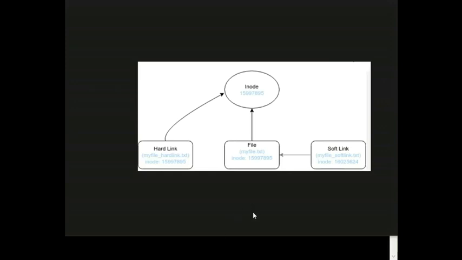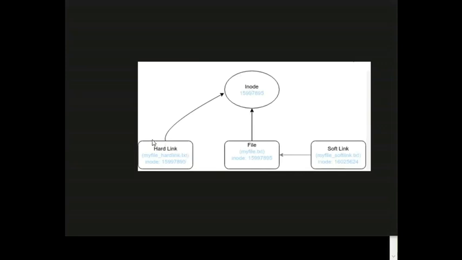Now to help you understand the concept, I have kept one figure which I have taken from Google. This is the hard link. You can see the hard link is directly connected to the inode, and in case of a soft link, it is connected through a file that is created by me or whoever is going to create it. If I remove this file, then automatically the soft link will be removed because it is linked through that file to the inode.